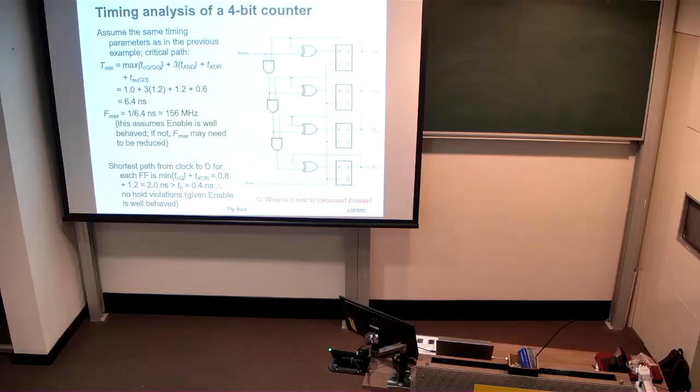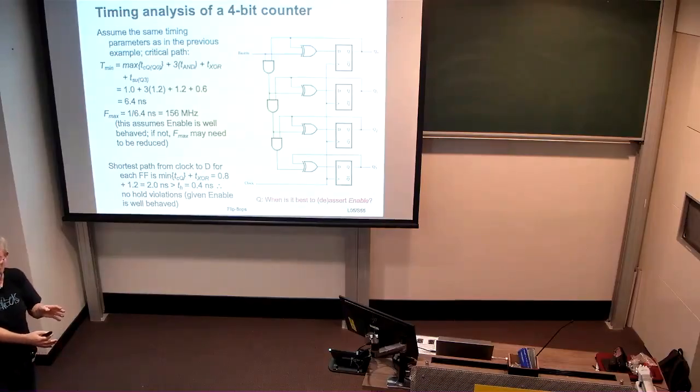Is that going to cause us any problems? We want to satisfy the setup time. Well, not on the first clock cycle, but it definitely will be satisfied for the second one, right? Other than that, is that acceptable?